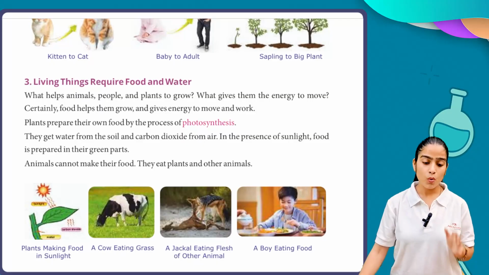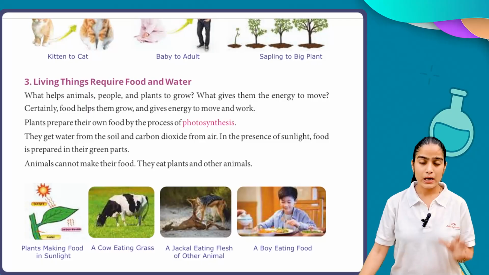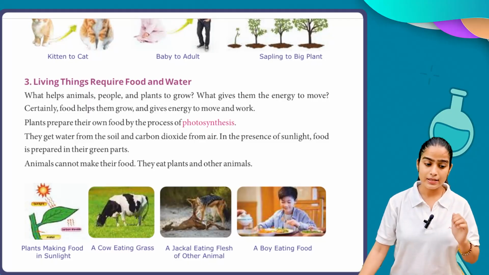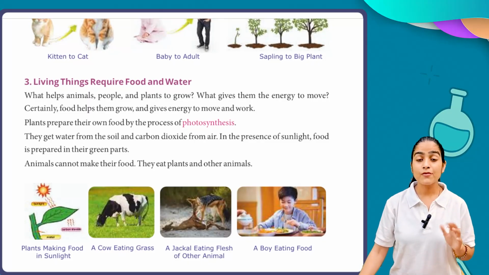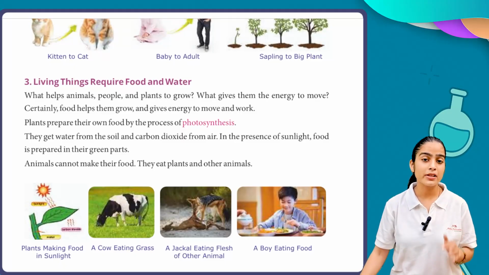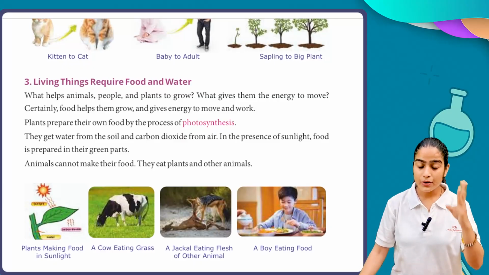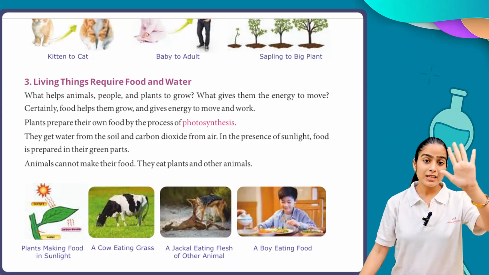Plants prepare their own food by the process of photosynthesis. We already discussed photosynthesis in our earlier classes, right? So what do we mean by photosynthesis? Photosynthesis is a process by which plants make their food with the help of water, soil, carbon dioxide, air, and last we have sunlight.